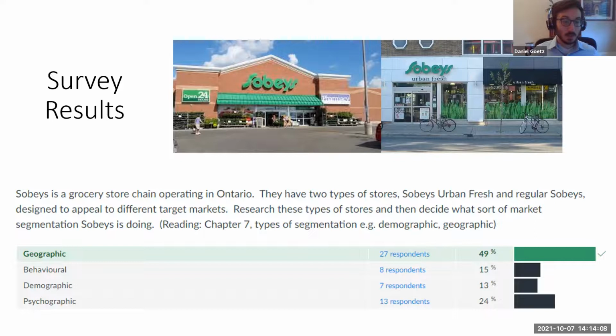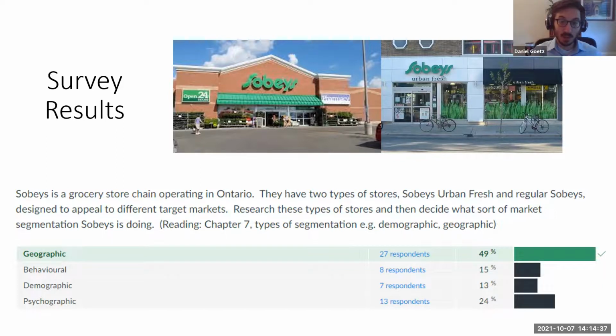Okay. Someone else who chose demographic. Hi, can everyone hear me? Yes, okay. It looks like I had a bit of a speaker issue. So I was looking for someone who chose demographic.